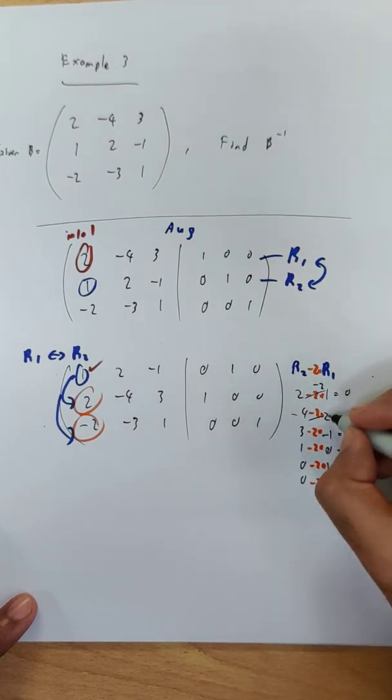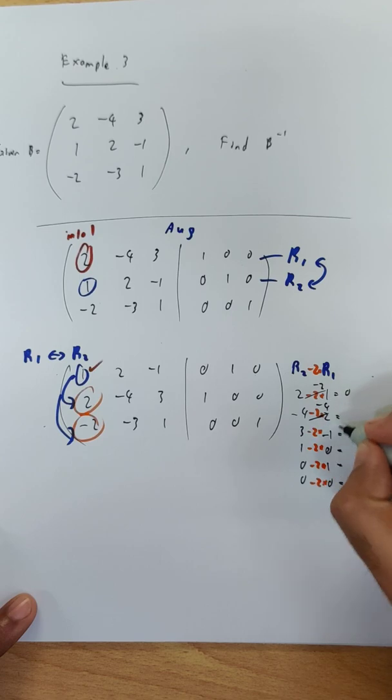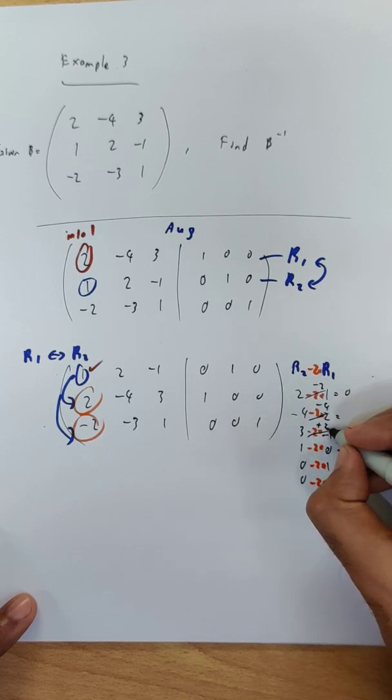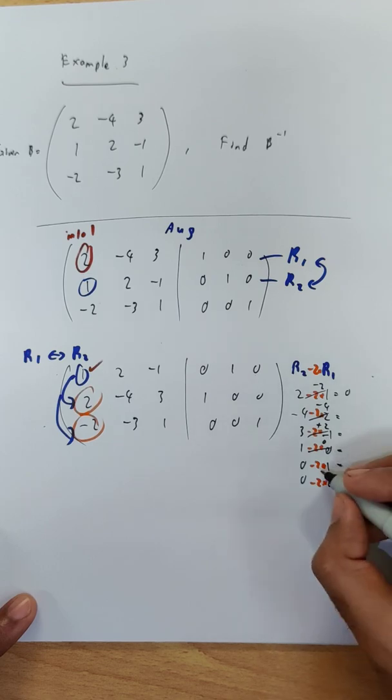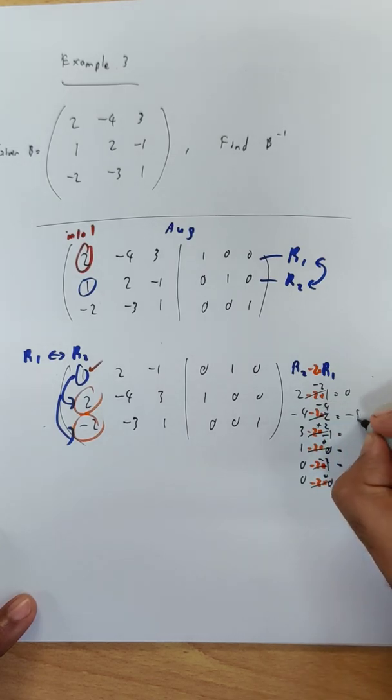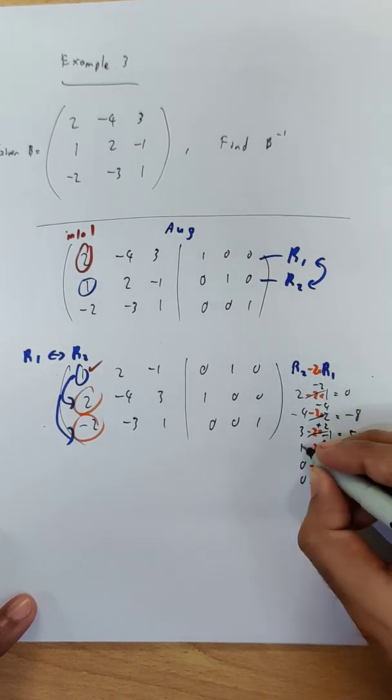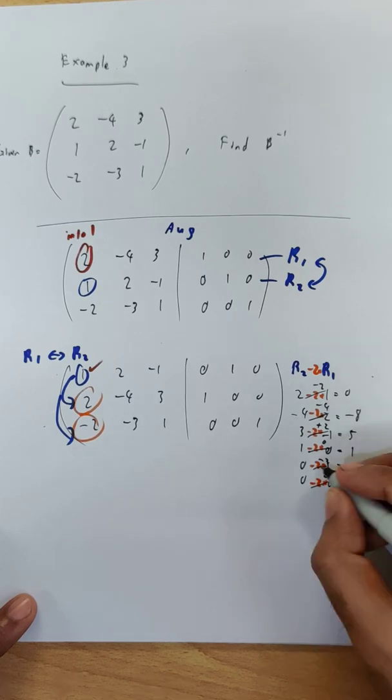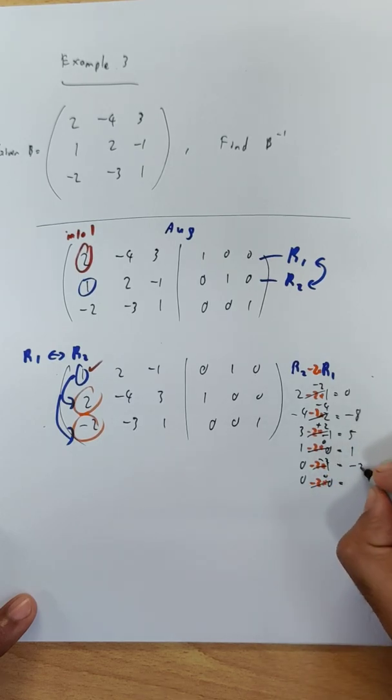I would recommend you write it over here to reduce careless mistake chances. 2 times 0, -2 times 1, -2, -2 times 0, 0. -4 minus 4, -8, 3 plus 2, 5, 1, 0, 3 minus 1, 0 minus 2, minus 2, 1, 0, 0.